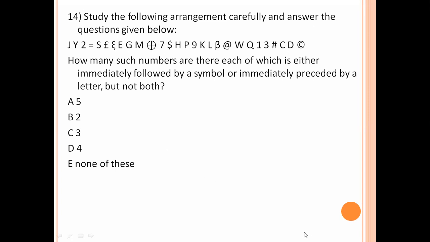Now here we see that this one is followed by a symbol, followed by a letter. Letter is preceded, symbol is followed. Totally 4. 4 means option D is the right answer.